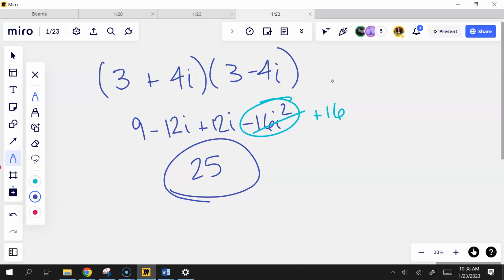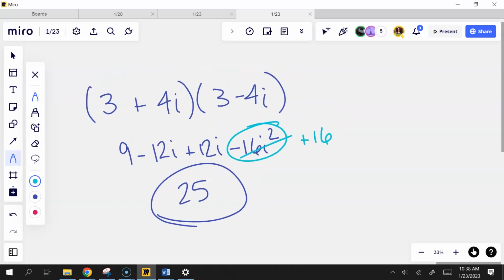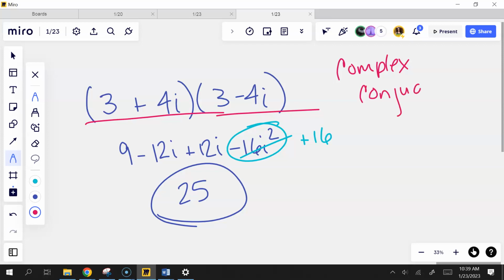Here's why this is important, y'all. These are what we call complex conjugates. And when you multiply complex conjugates together, you always get a real number.